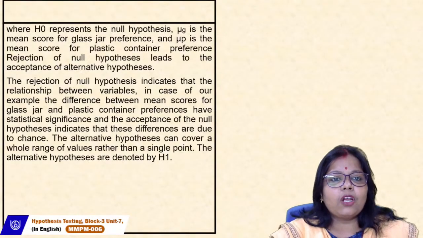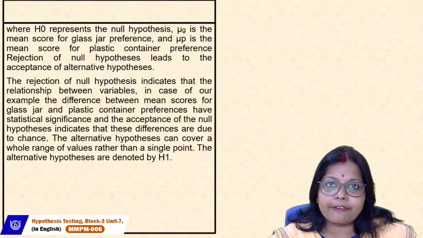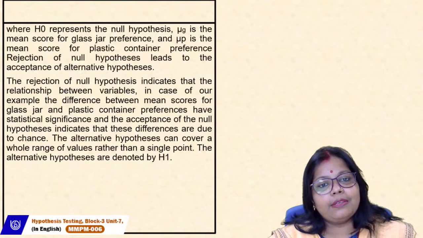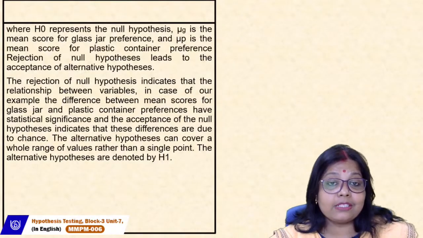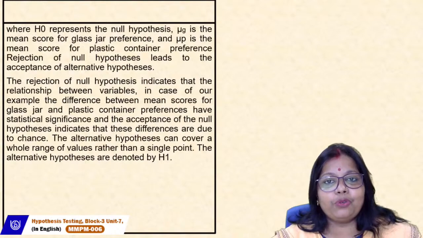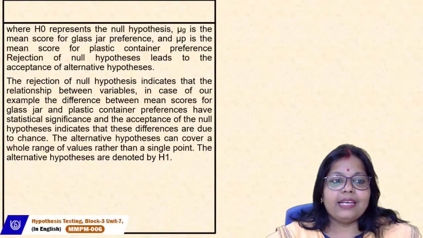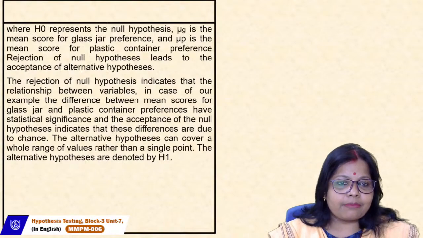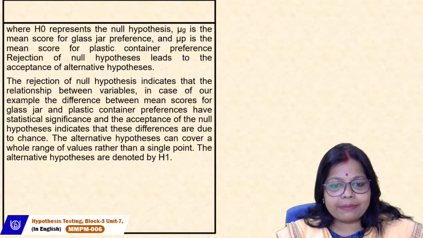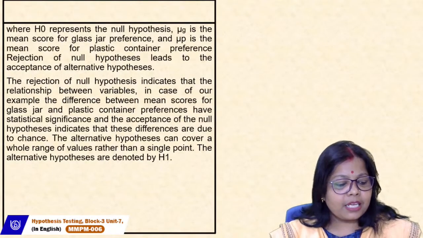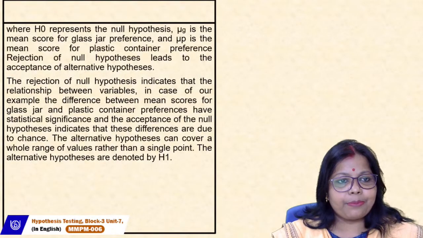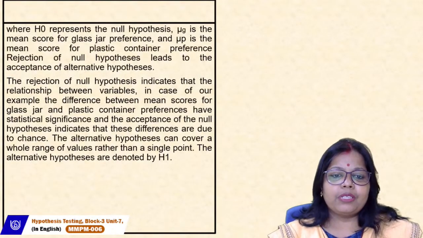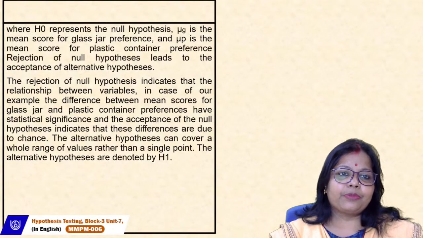As we declared, null hypotheses are framed to be rejected. As we discussed in the previous slide, if my assumption is rejected, then what to do? For doing something, we have to frame an alternative hypothesis. It means whenever we reject our null hypothesis, immediately we go for the acceptance of the alternative hypothesis.